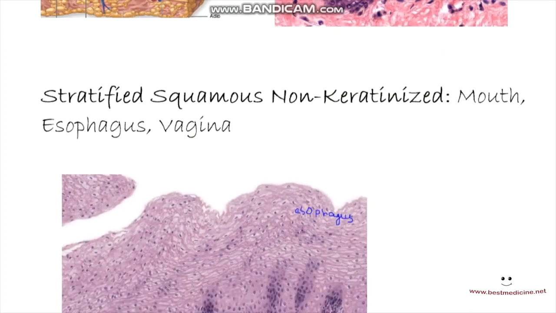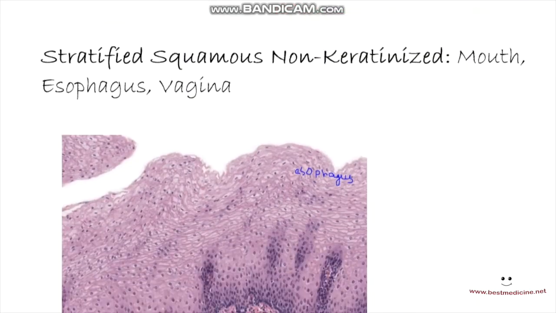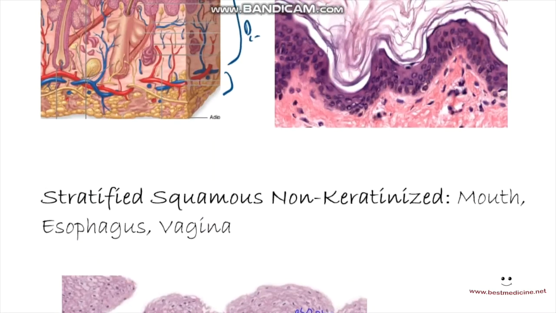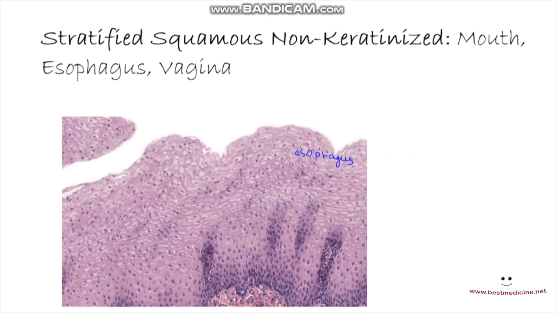Then we have stratified squamous non-keratinized epithelium. I said most areas or most skin because, for example, the skin of the vagina on the inside is not keratinized, but rather has a very smooth non-keratinized epithelium, and so it would not be dry, but rather moist.